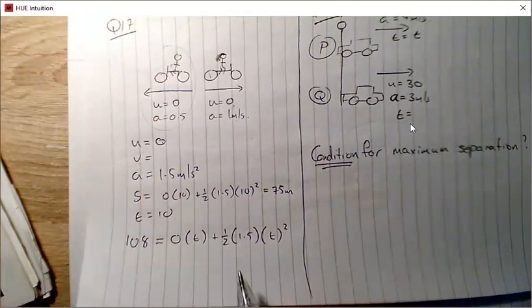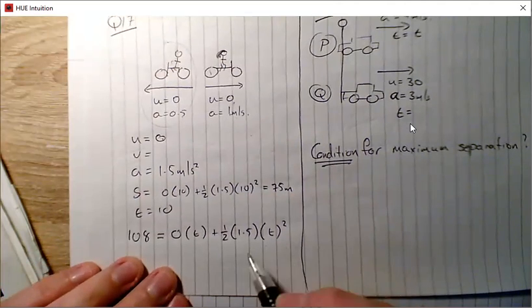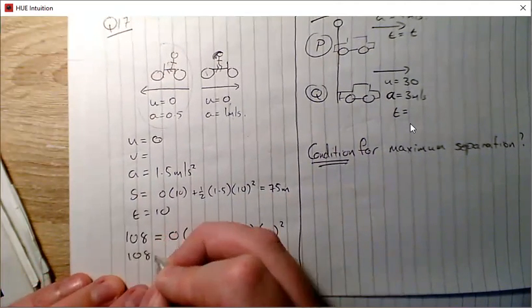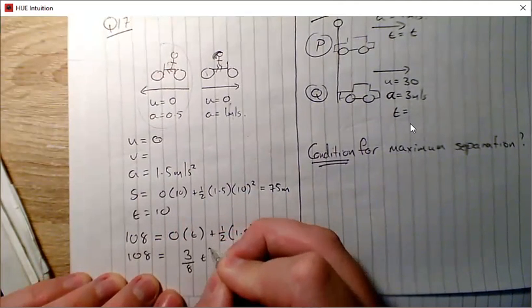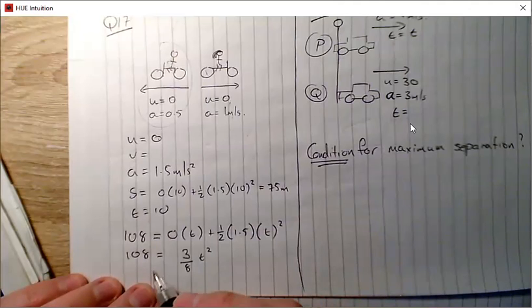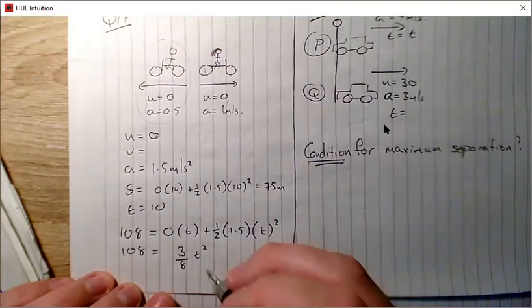It's not 10 seconds anymore because this is later on in the run. So what you get there, well, that's 3 over 4. You get 108 equals a half of 3 over 4, which is 3 over 8 t squared, or whatever way you might do this algebra yourself. 108, you're going to multiply by 8 divided by 3.